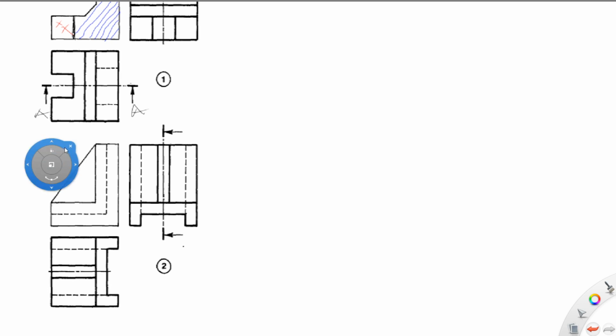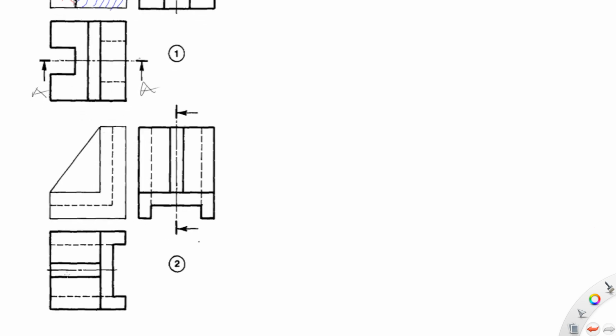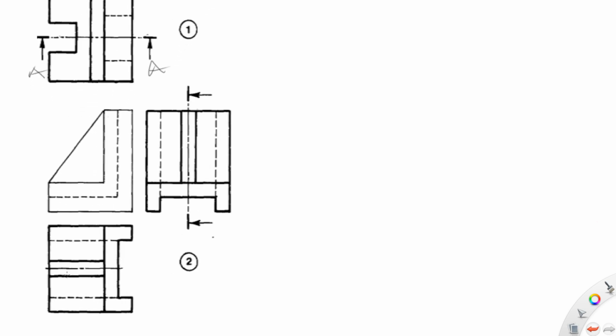Number 2, we have also an object drawn in first angle projection, and we are to provide sectioning for it. Okay, so in this case, let's look at the cutting plane. Let's call this one cutting plane BB. Okay, cutting plane BB. Look at the direction of the arrow, in this direction.